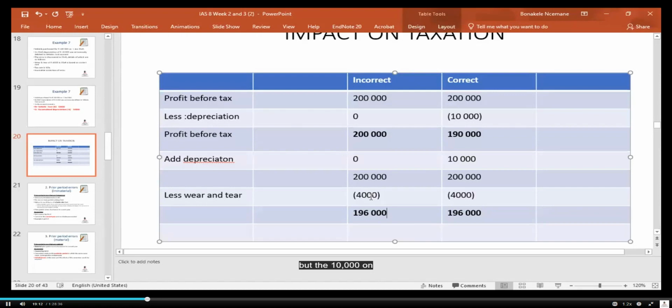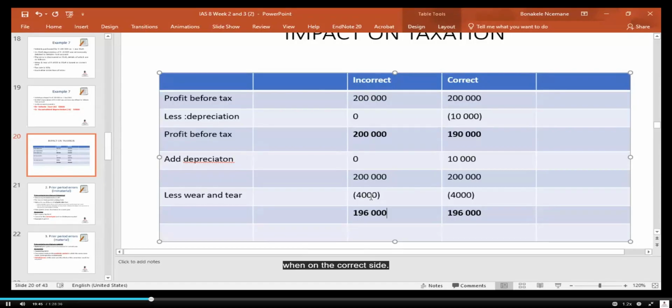But the 10,000 on our initial journal was also there. If you put the 10,000 on the initial journal as an expense, would that not have an impact on our tax calculation for our deferred taxation? Who can give us the answer? So you made a mistake there. Where?